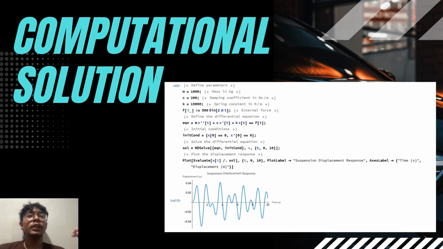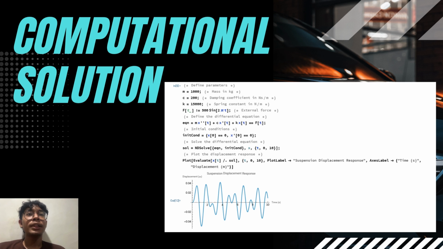Solving the equations, so we use that kind of equation in Mathematica. Next, we visualize the solution and plot the displacement response over time. As you can see there, that is all the Mathematica code that I used.